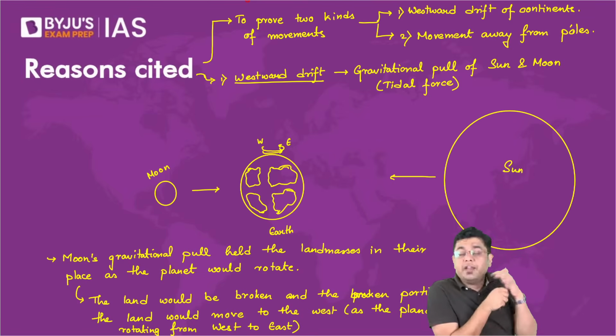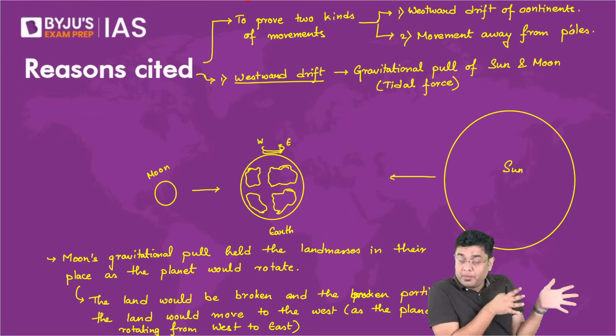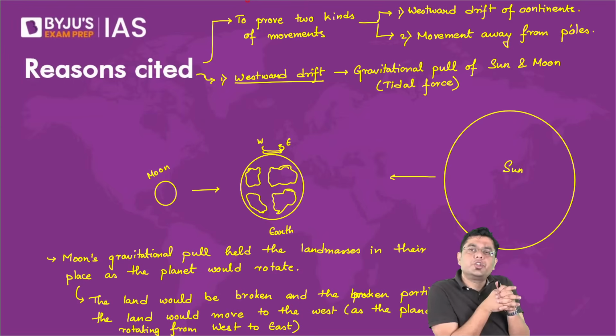So in the relative motion, which direction of movement would you ascribe to the movement exhibited by the land? It will be in the westward direction. So that is the reason that he cited to indicate the westward movement. Okay, is that clear? Is that something which is understood, or is there any doubt which prevails?